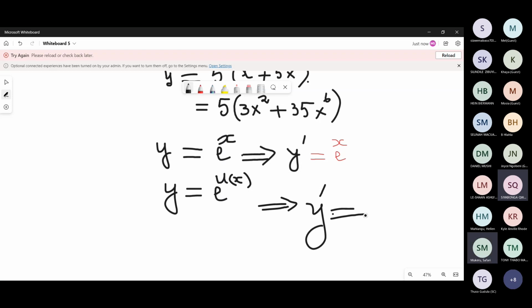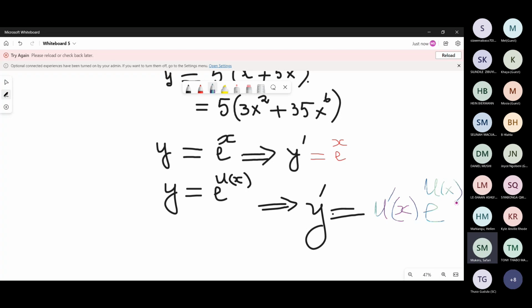So y prime becomes u prime. Yes, you take the derivative of u and multiply by the very same function e power u of x.